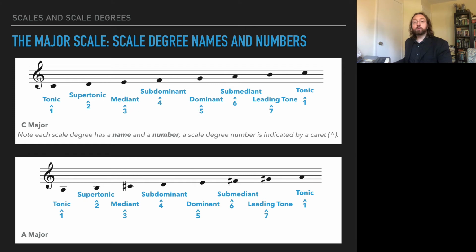Remember, the mediant was a third above, the submediant is a third below. Likewise, the dominant is a fifth above, the subdominant is a fifth below. So just a couple of things there, and as we go through these different presentations, we'll be talking about how some of these scale degrees tend to have specific functions.